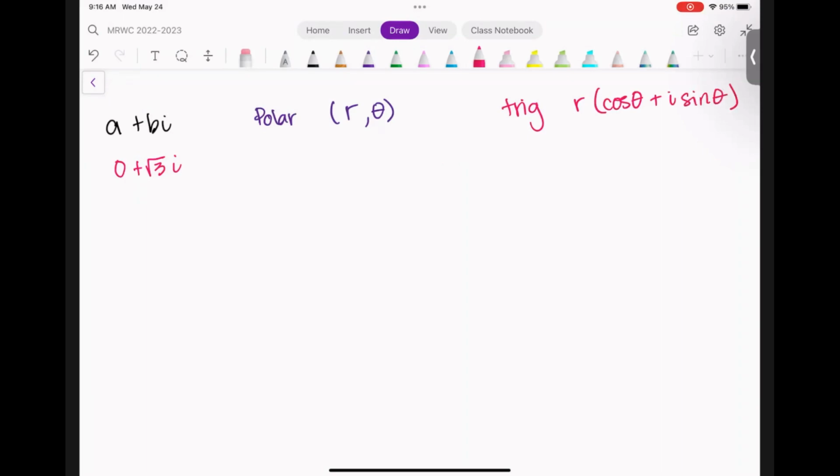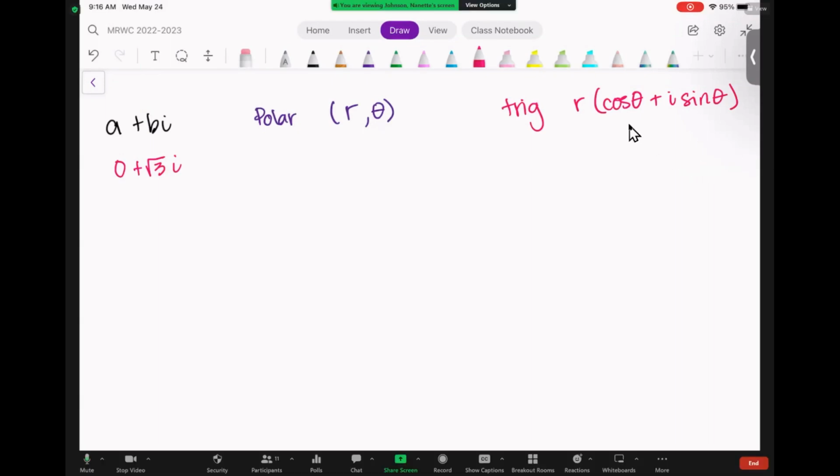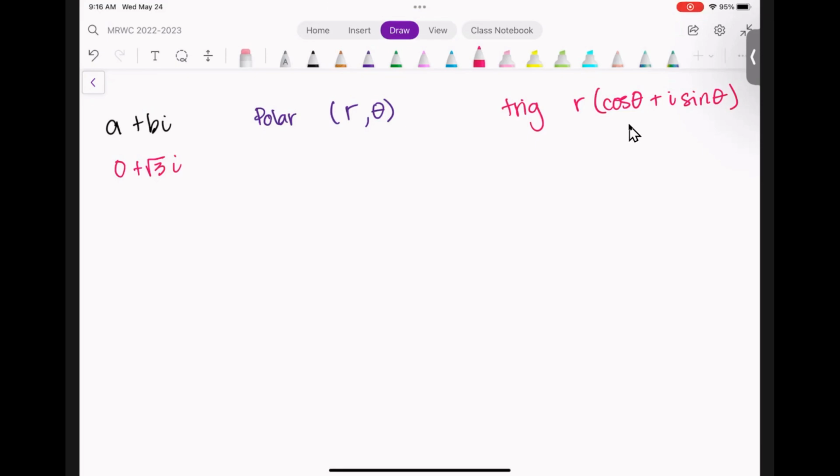And to me, this makes sense for the trig form because cosine is usually your x value and sine is your y value when you're dealing with the unit circle. So that's why that makes sense to me. And then we're multiplying it by r, scaling it, dilating that circle bigger. So this makes sense to me.